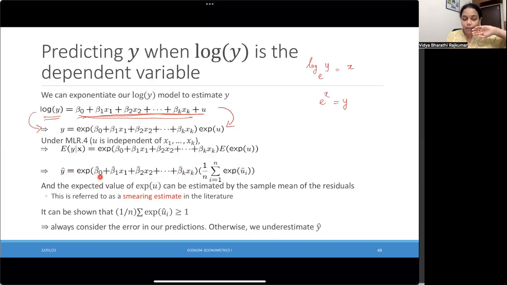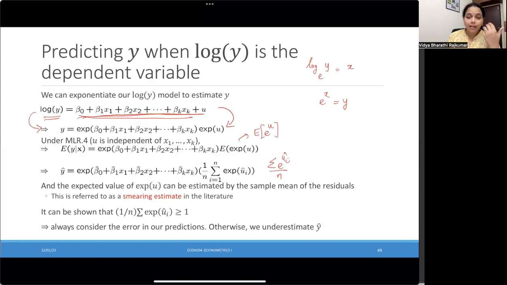So I have beta naught hats within the brackets, and in place of the expectation of e power u, I just have the sample average of e power u, which is the sum of e power u i hat divided by n. Whereas this is the expectation of e power u. That's the population one, and this is the sample analog.